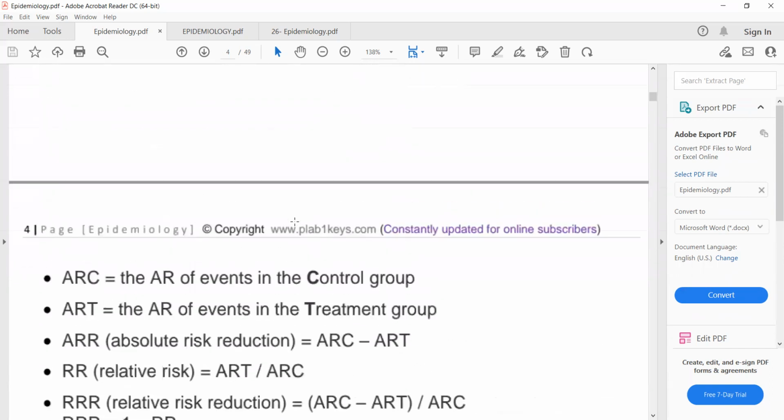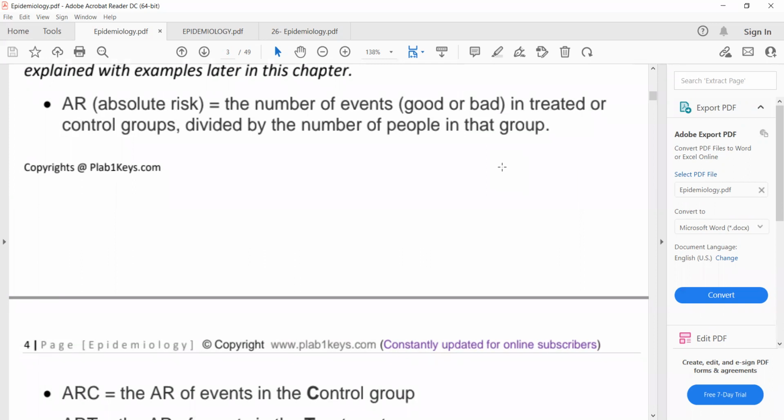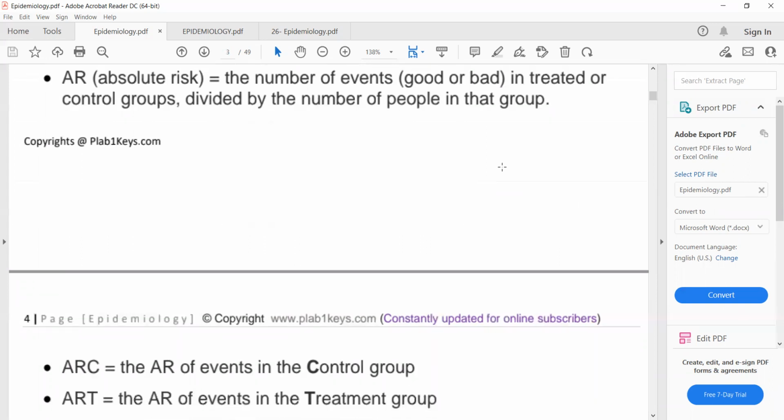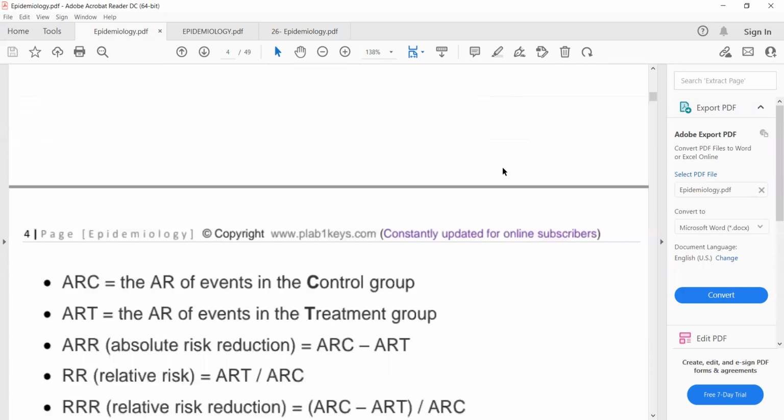Now, there are some terms that you need to remember. The first of them is AR, that is absolute risk. What is absolute risk? The number of events divided by the population is absolute risk.